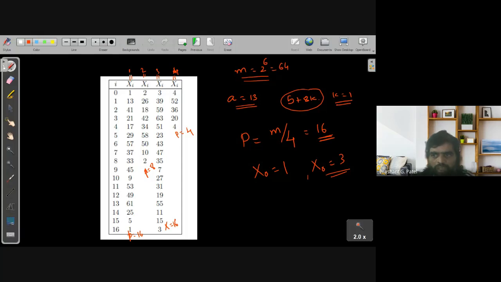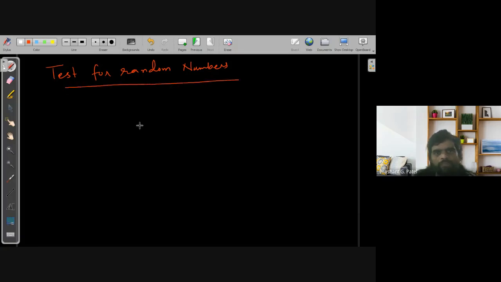We directly go to tests for random numbers. My objective for the next few lectures is testing your random numbers. When you generate random numbers this way, we want to know whether those random numbers are uniformly generated and whether they are independent.